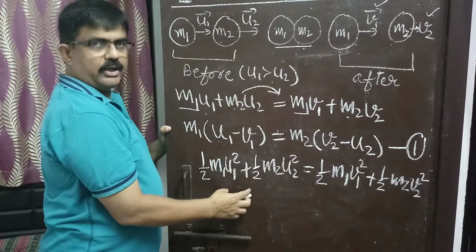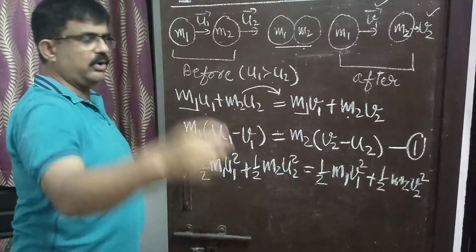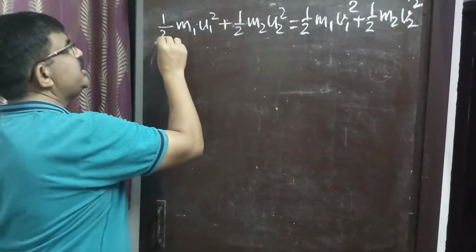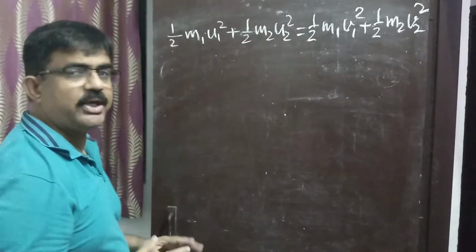Kinetic energy before collision equals kinetic energy after collision. You see each term has 1 by 2, so 1 by 2 will cancel out.